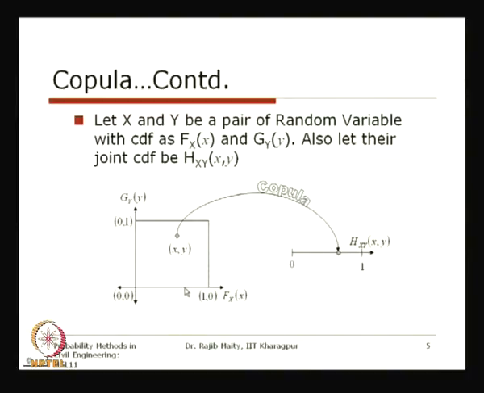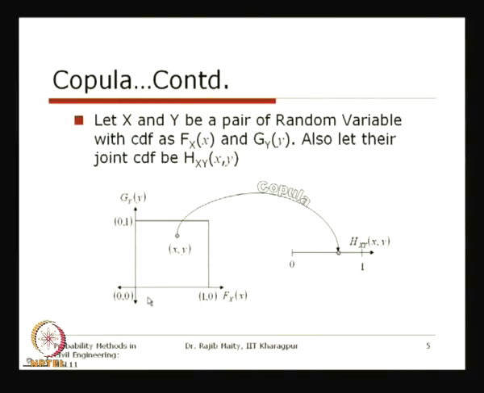Suppose there are two random variables x and y, and their cumulative distribution functions are Fx(x) for x and Gy(y) for y. Now, this cumulative function Fx can take values from 0 to 1. Similarly, Gy also can take values from 0 to 1.